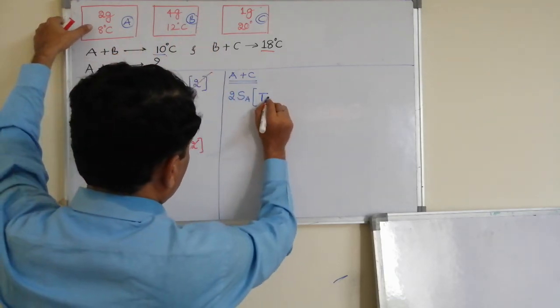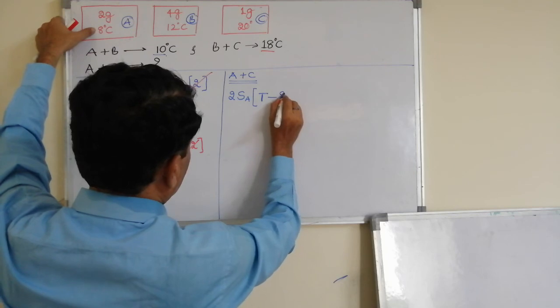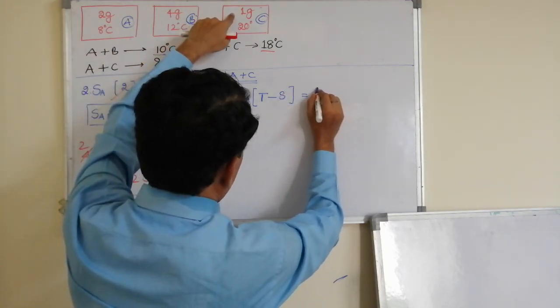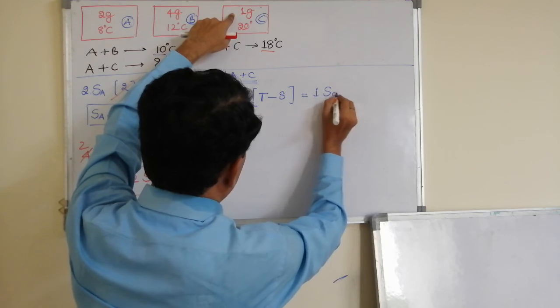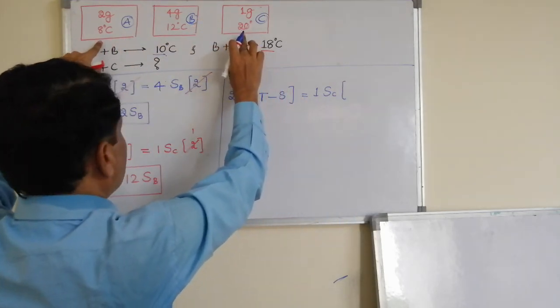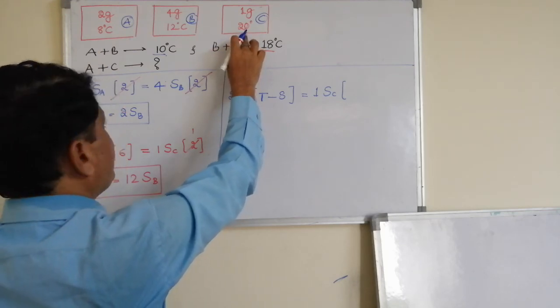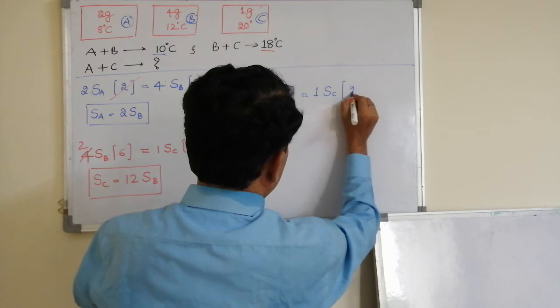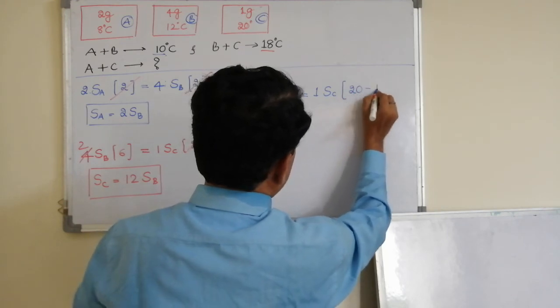So T minus 8 is equal to 1 into specific heat of C, times 20 minus T.